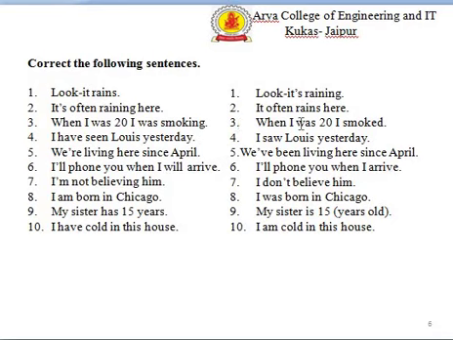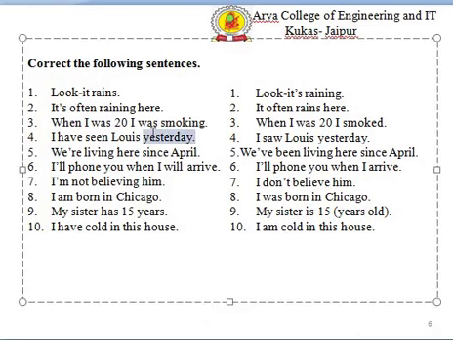When I was 20, I was smoking. See, it's a past activity, no more in the present. So when I was 20, I smoked. I have seen Liz yesterday. See, it's a past adverb, yesterday. Any adverb of past will make the verb past. I saw Liz yesterday. We are living here since April. See, we have been living here.